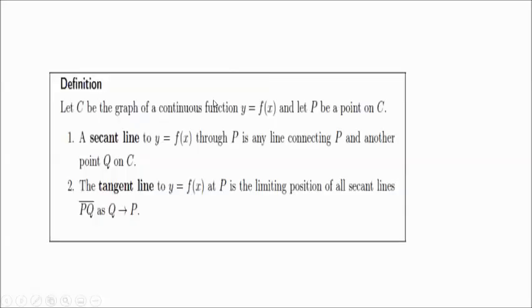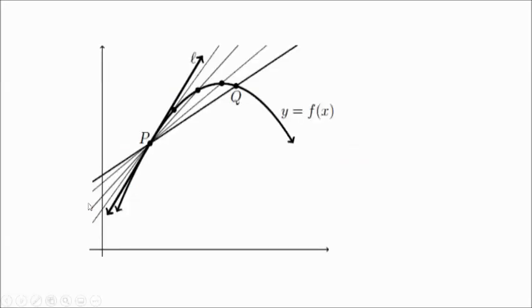Okay? What about the tangent line? Gaya ng sabi ko, it is the limiting position. So, the tangent line to y is equal to f of x at P is the limiting position of all secant lines PQ, ito yung representation ng secant line natin, di ba?